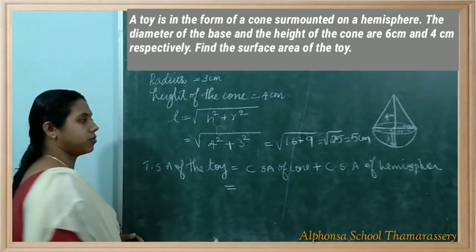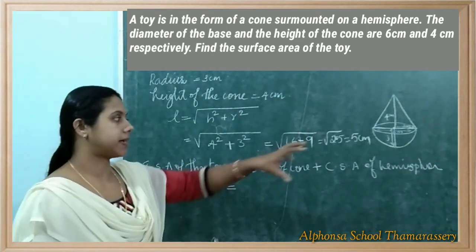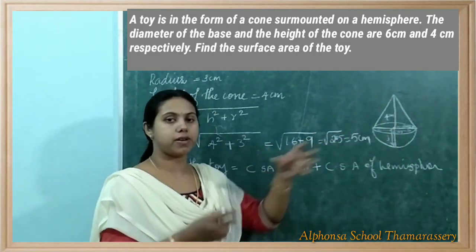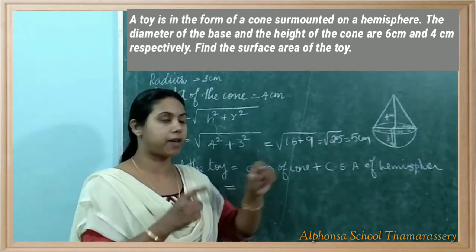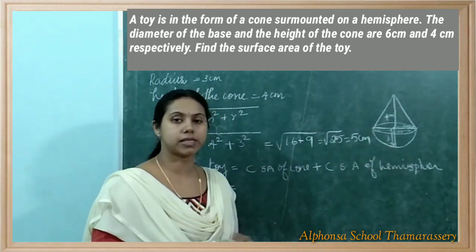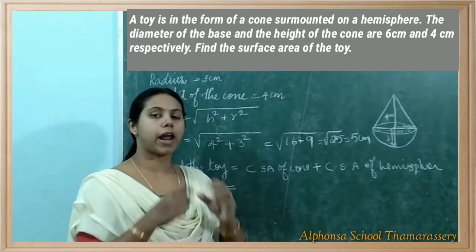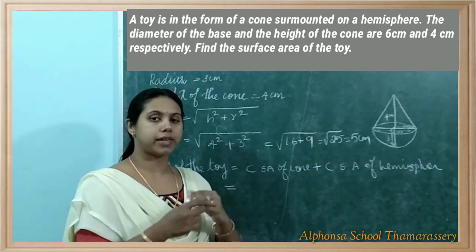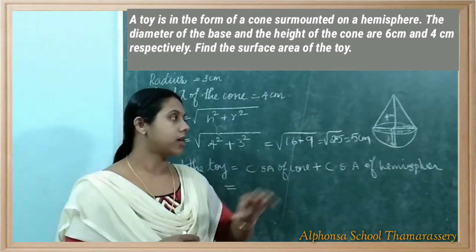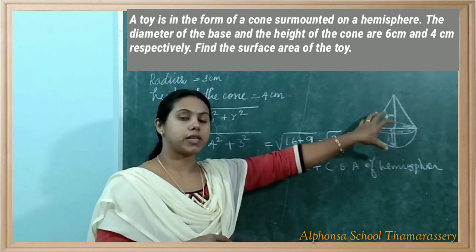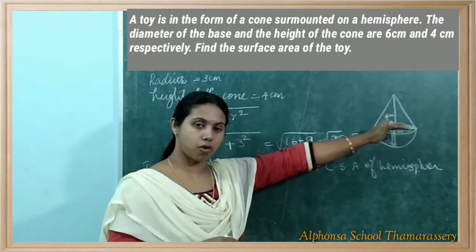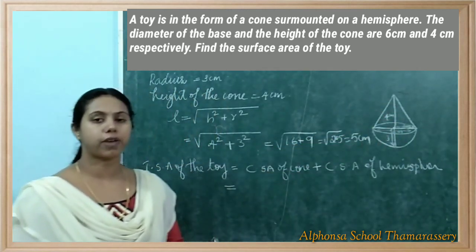Because when we split that toy, we will get two shapes. One is a cone and another one is a hemisphere. So the combination of cone and hemisphere all together gives the shape of the toy. So the area of the toy is equal to curved surface area of cone plus curved surface area of hemisphere.